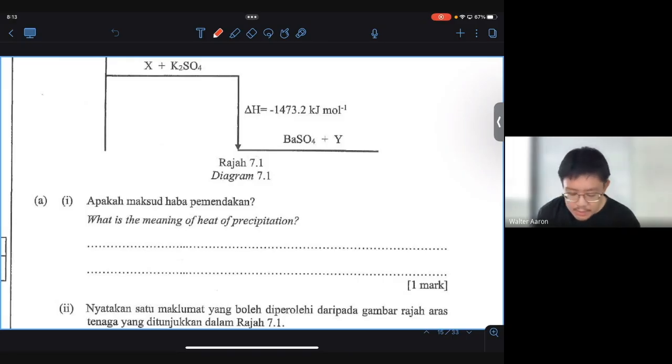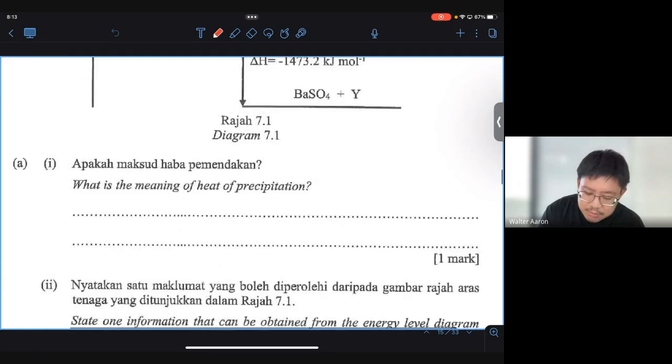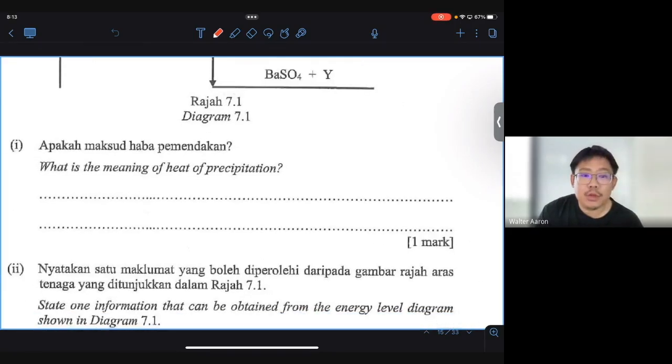solution. Okay, so you can put here heat change. The reason why I put heat change is because sometimes it can be endothermic, it can be exothermic.